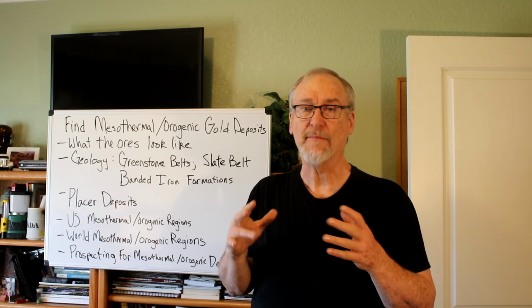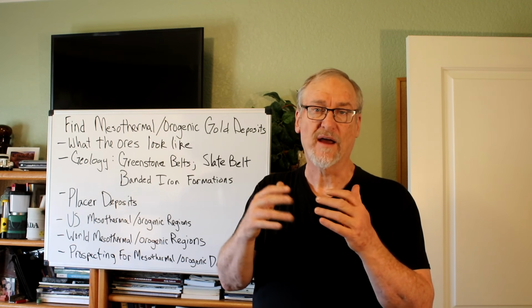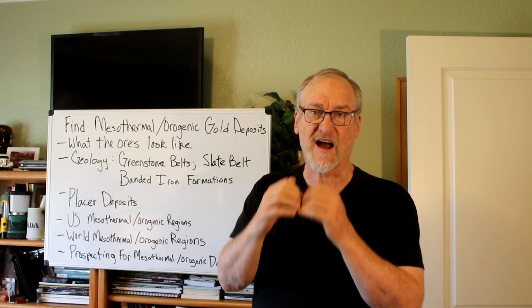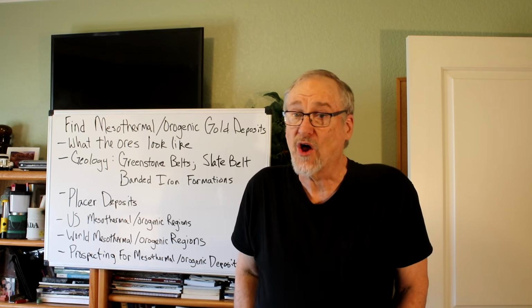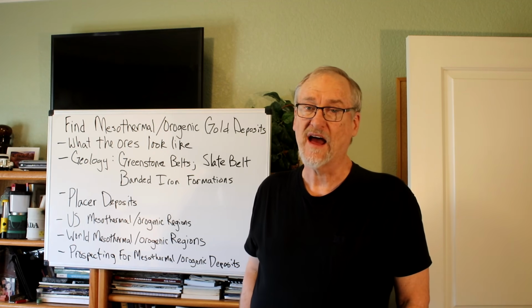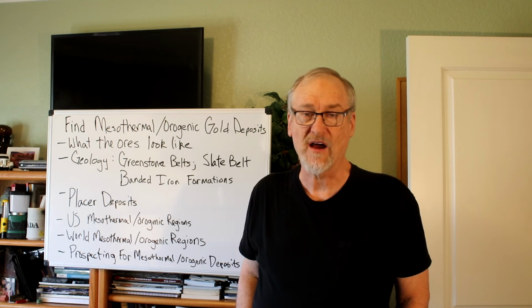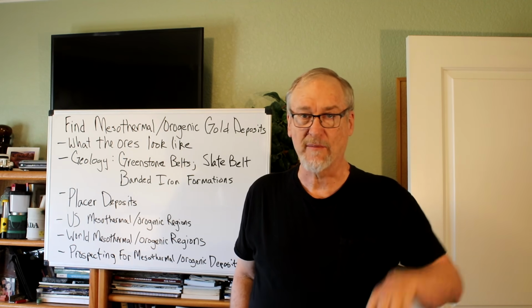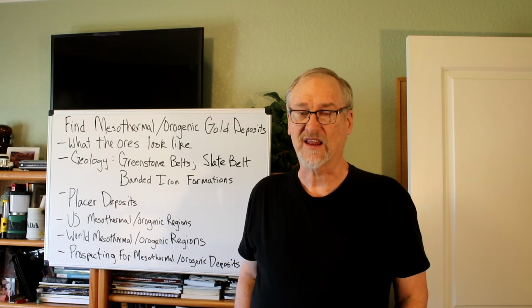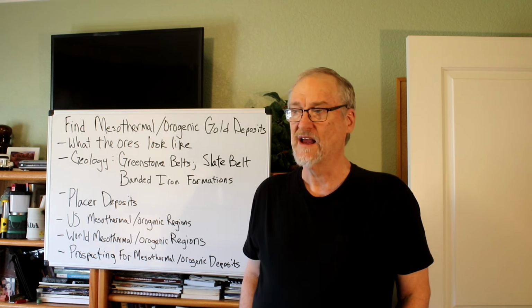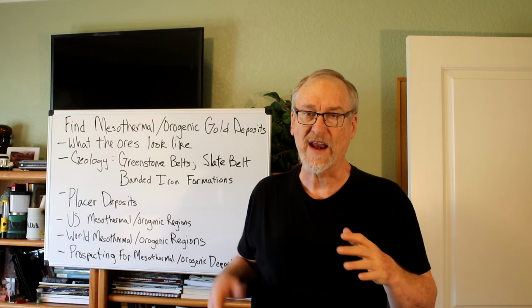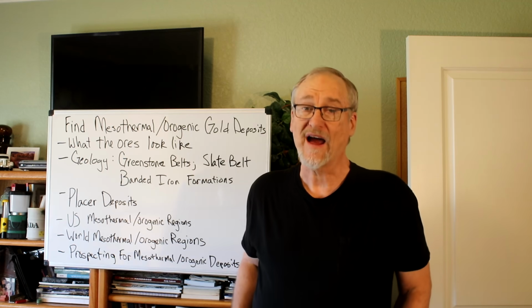Some are located in plate contacts where the actual plate contact is either ongoing or relatively recent, like the Mother Lode region of California, up and down the western edge of British Columbia and then into southeastern Alaska. And some are from older areas, basically incorporated now into continental bodies.